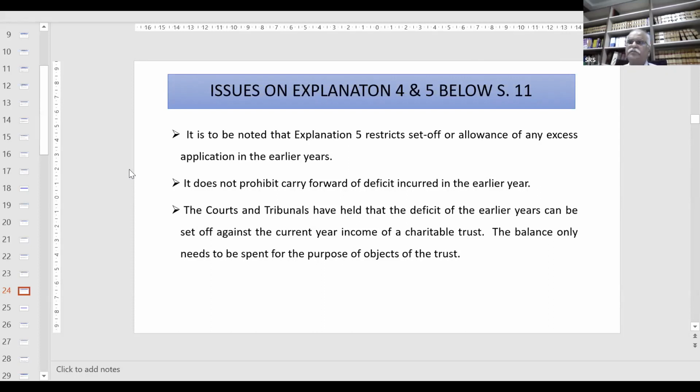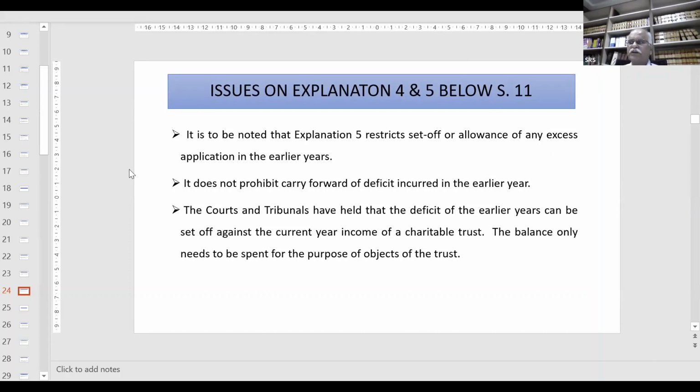Normal administrative expenses, etc., which are not normally considered as application of income, if they exceed your receipts for that year, there will be a deficit. Here also, the courts have held that such a deficit can be carried forward to the next year and adjusted against the income of that year, and the balance alone needs to be applied.